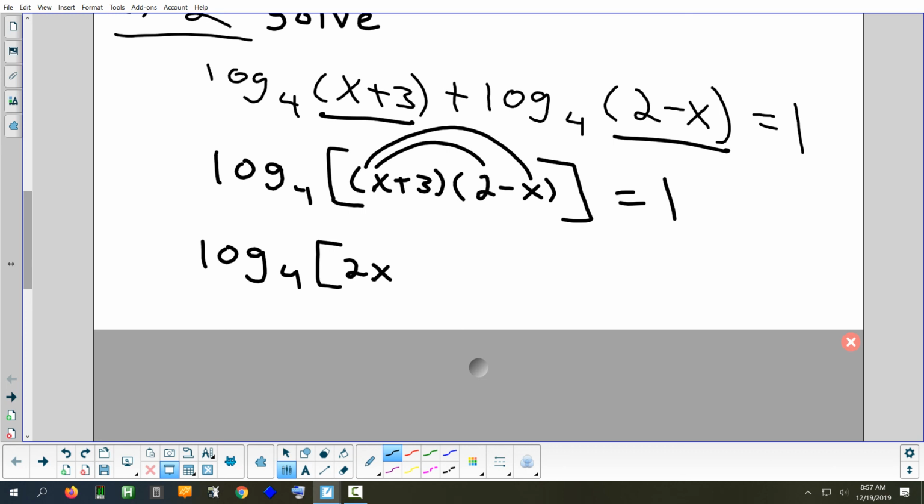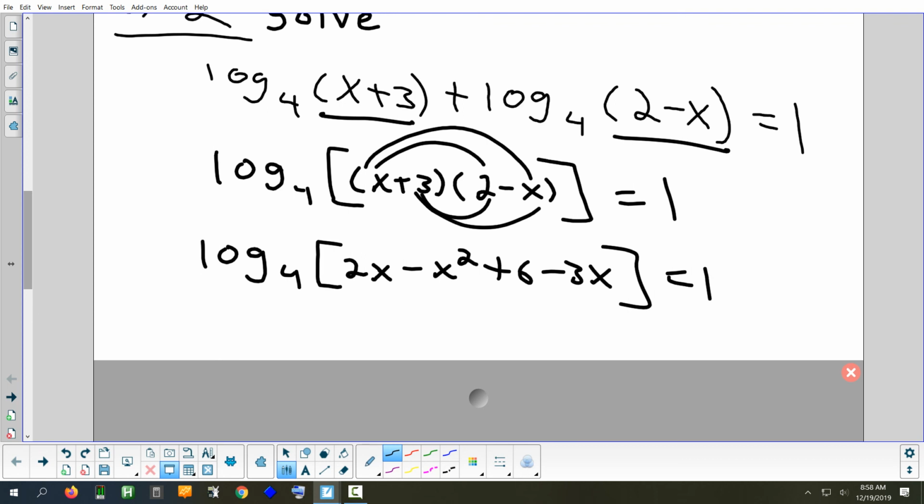That would be like negative x plus negative x. No, not negative x. You want to help them out? Yeah. Negative x squared. Okay, 3 times 2 gives me 6. 3 times negative x, negative 3x. Still equal to 1.